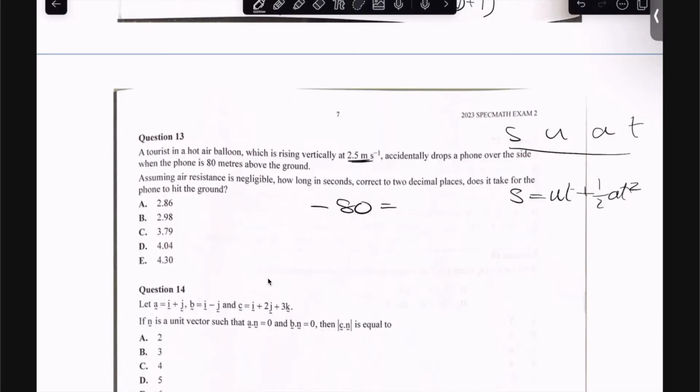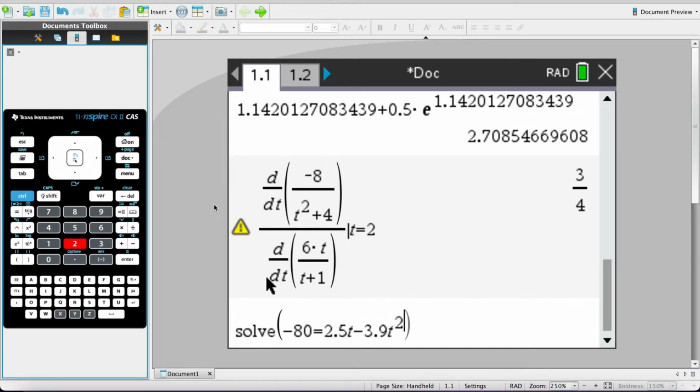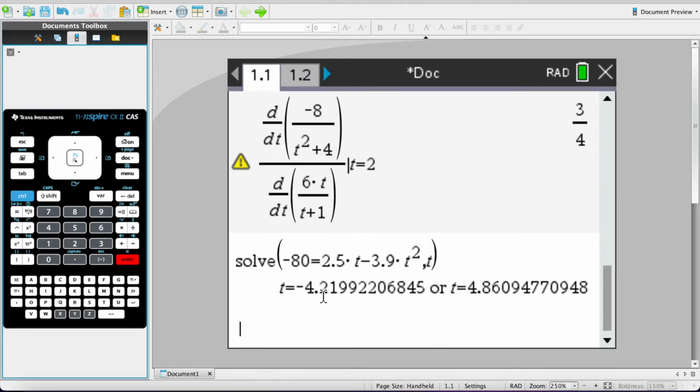So negative 80 is equal to 2.5 times t minus 1/2 times 9.8, which is 4.9, t squared. And just solve that on the CAS. Menu 3.1. Negative 80 is equal to 2.5t minus 4.9t squared, comma t. t is 4.86, which is none of the answers.